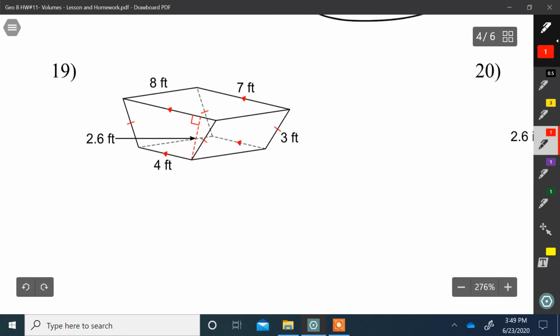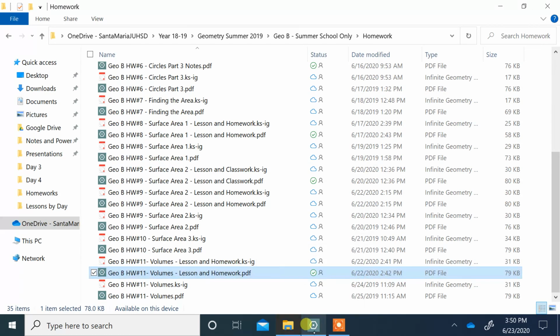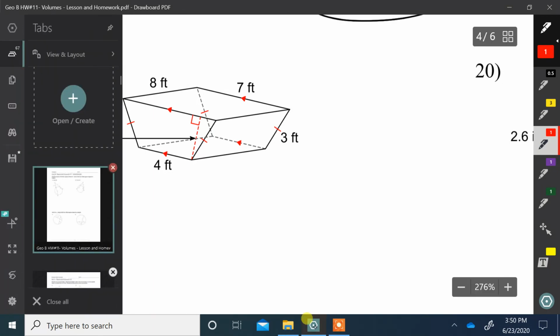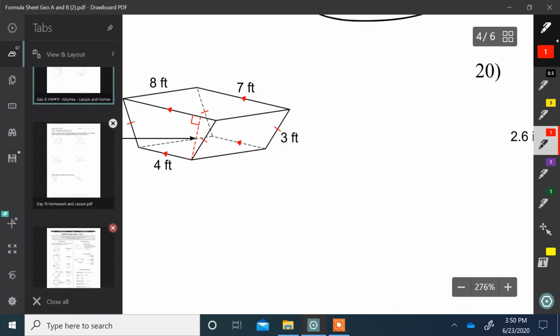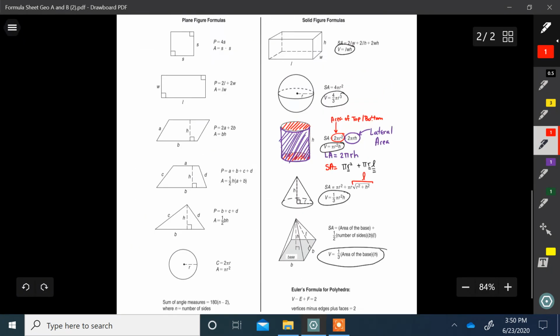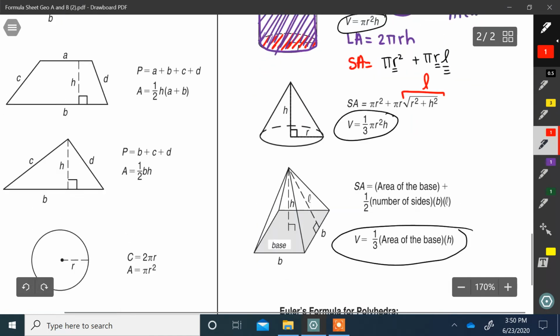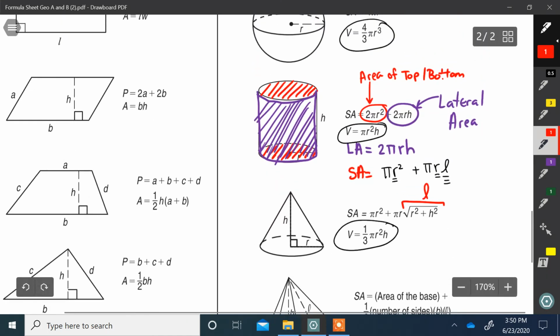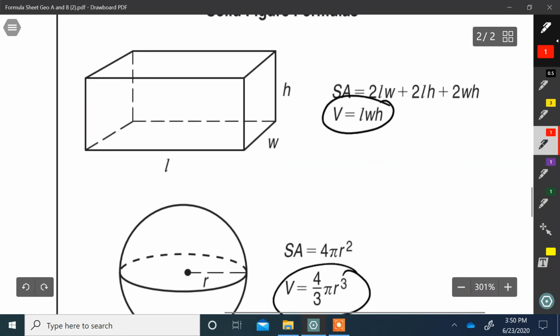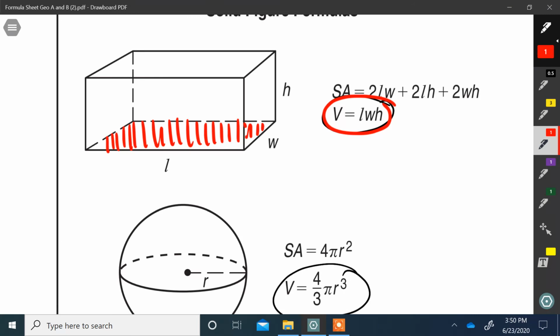This right here is technically kind of like a box. And if you look at the formula sheet, you will say, oh, Mr. Ordonez, there is nothing like this. Well, yeah, that's true. But you have to use this concept right here: volume is equal to the base, length times the width, times the height.